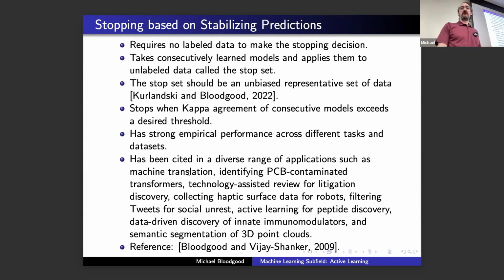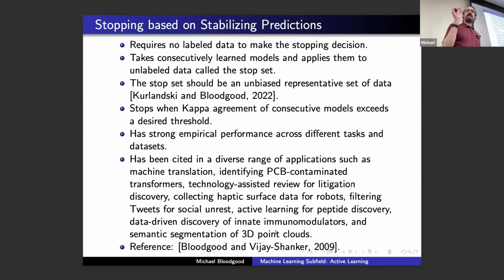So it's used in machine translation, identifying PCB contaminated transformers, technology-assisted review for litigation discovery, collecting haptic surface data for robots, filtering tweets for social unrest, peptide discovery, discovery of innate immunomodulators, semantic segmentation of 3D point clouds, and that's just a small subset. It goes on.